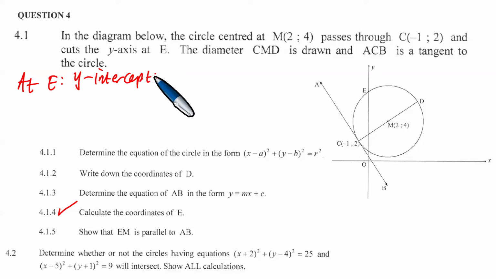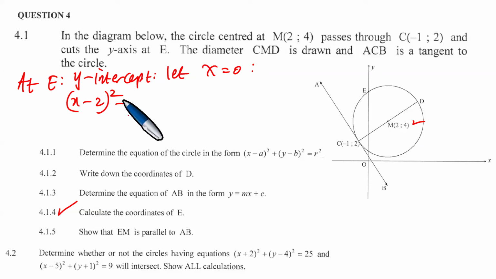With the y-intercept, how do you get the y-intercept? You let x be 0. So this one, you already know the equation of the circle from the previous question. The center is there. So with x minus 2 all squared, y minus 4 all squared equals exactly what we got.